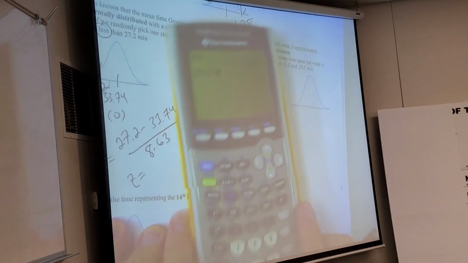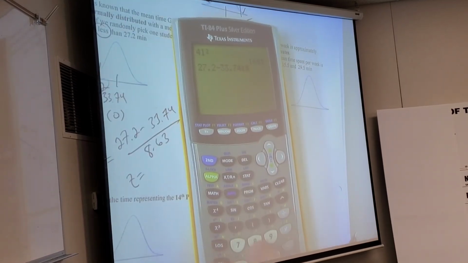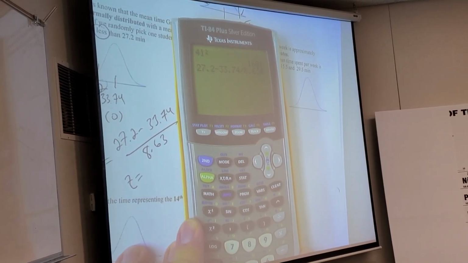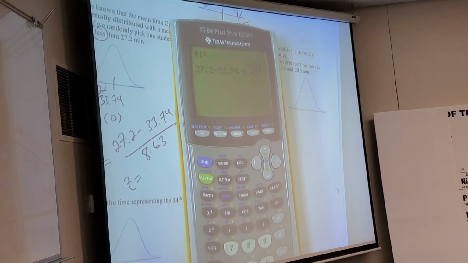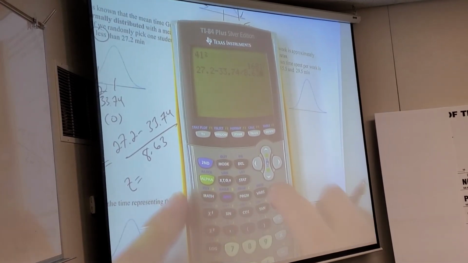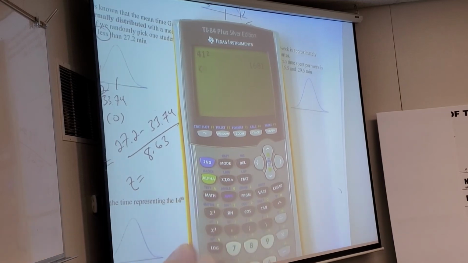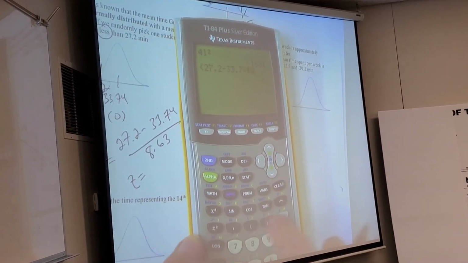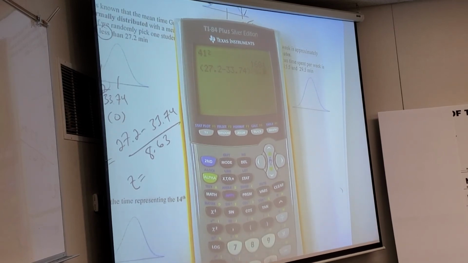Now watch. What mistake am I making? Yeah, exactly. This is going to divide first. I want it to subtract first. So I put parentheses. I gotta tell this poor calculator it doesn't have eyeballs.